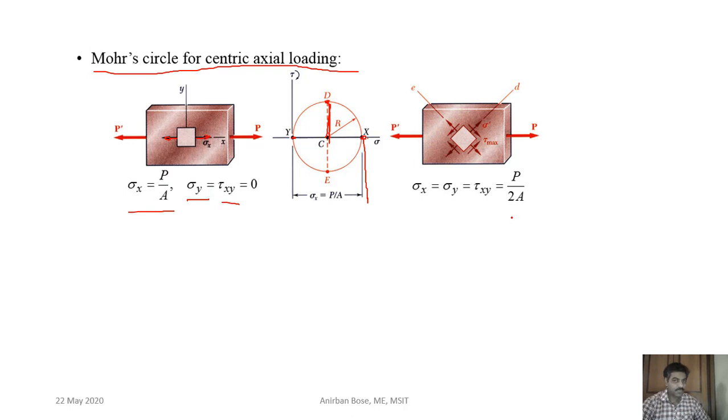P by 2A. And at which angle it will occur? From the x-axis you see this particular plane where maximum shear will occur is at an angle 90 degree. So in the actual plane it will be what? It will be at an angle 45 degree. You know the half of the angle will be in the actual element. Okay, so maximum shear will occur at an angle 45 degree.